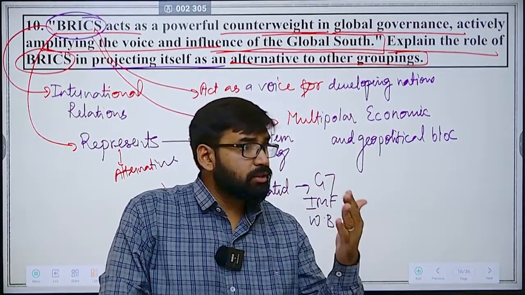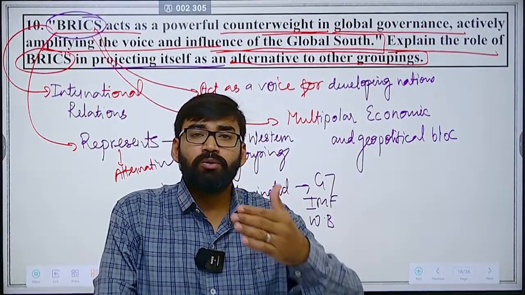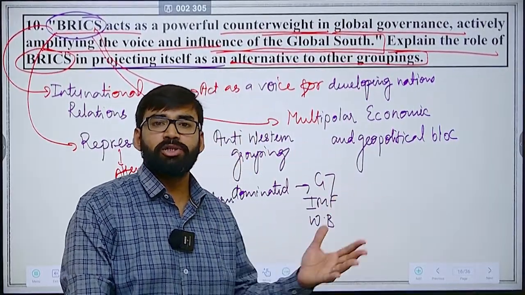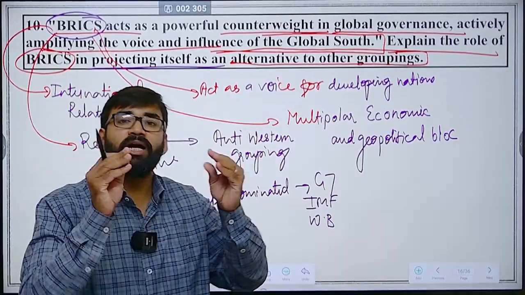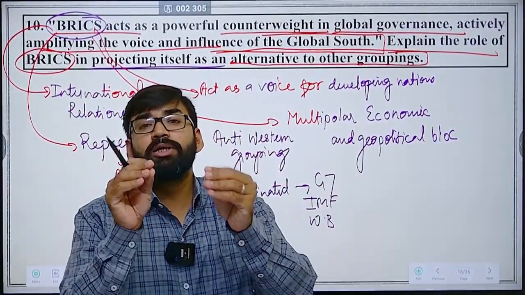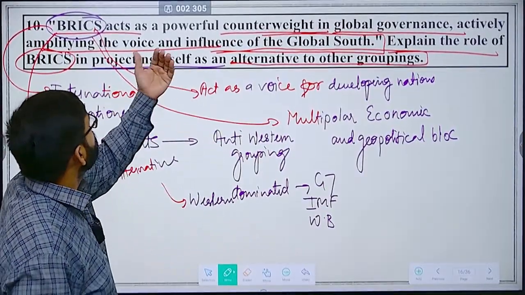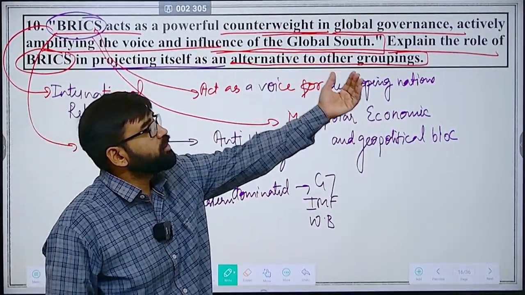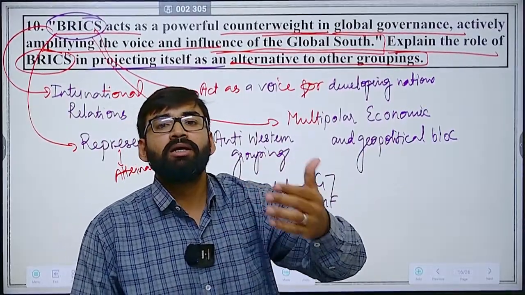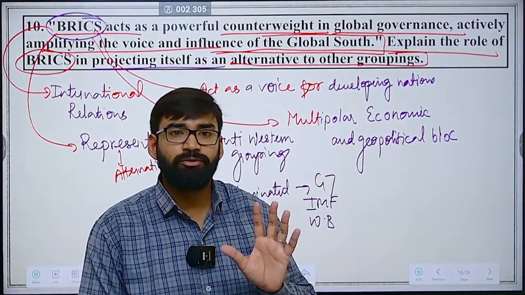It has a share with respect to global trade, resources, population. So it acts as a major platform for global South diplomacy. Then you can mention how BRICS acts as a powerful counterweight in global governance. Counterweight role you have to mention.